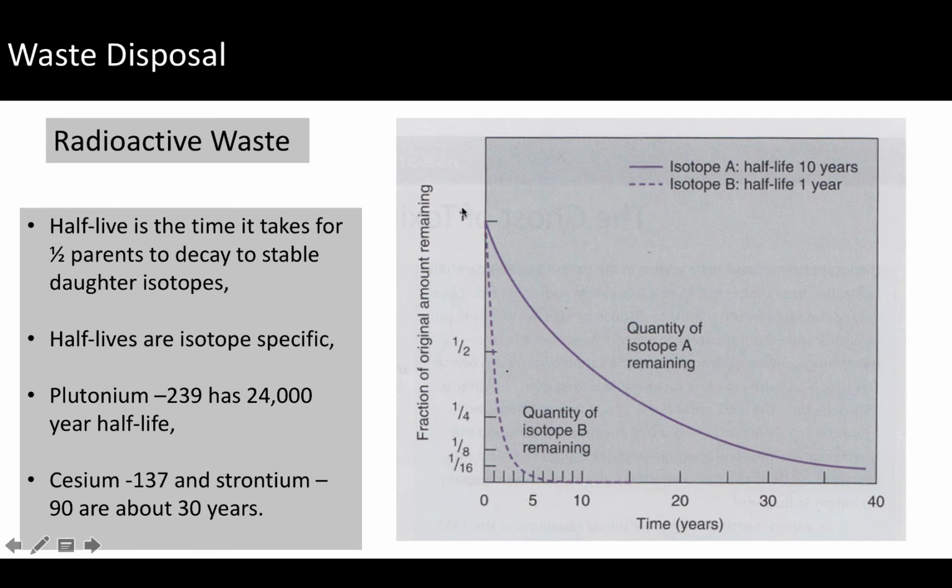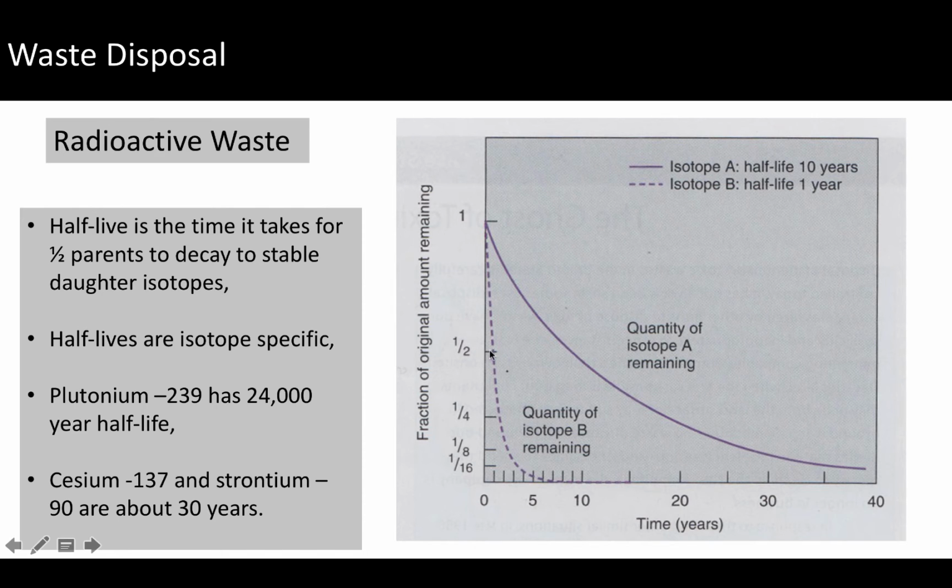It could be 100 grams, it could be 1,000 grams, it doesn't matter. Every time we cut the volume in half, we expend 1 half-life. So 1 half-life is the number of years for the decay process to halve the amount of stuff we started with.